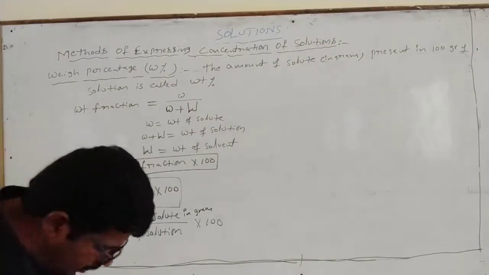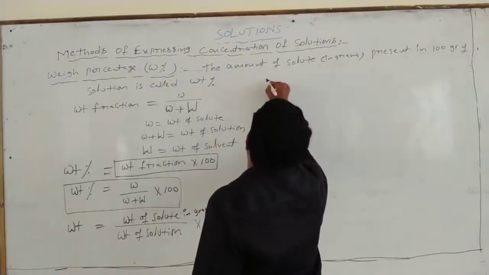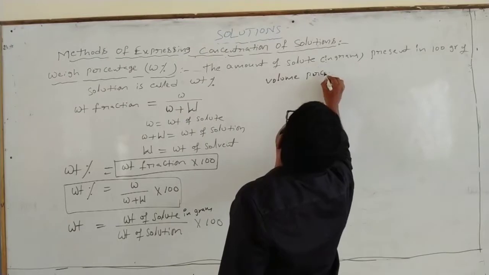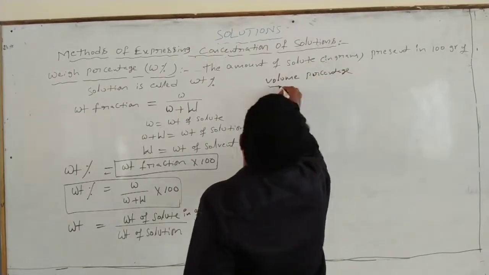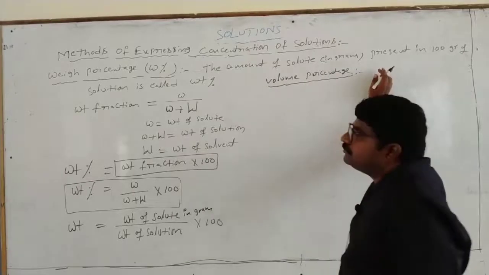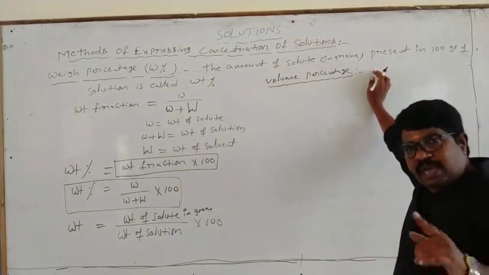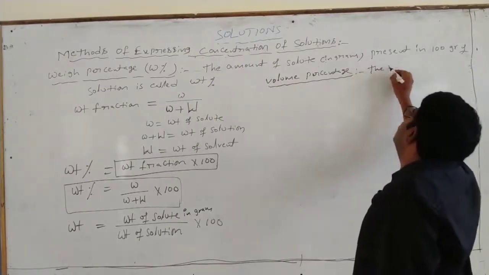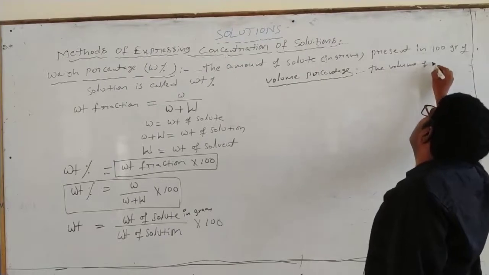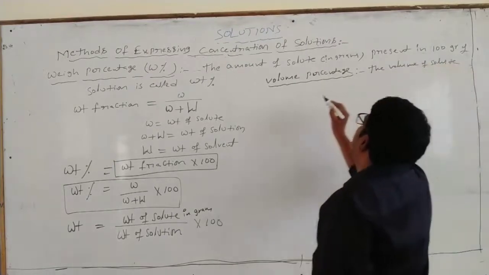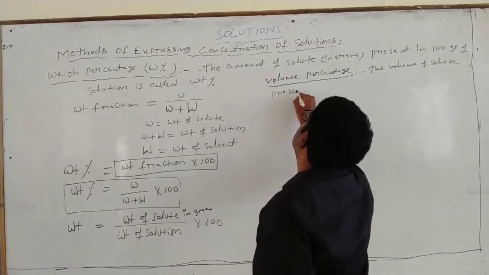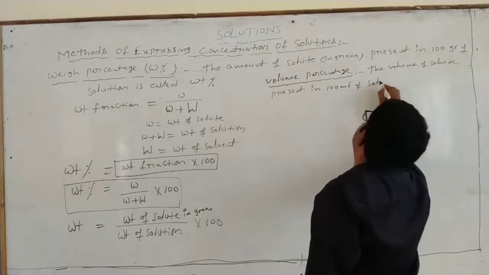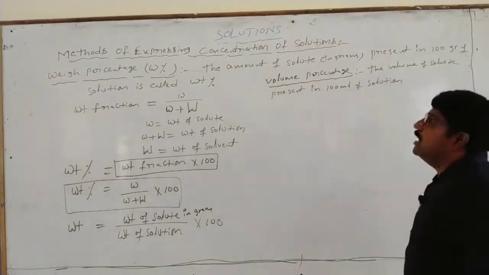Next one is volume percentage. Volume percentage means solute you have to express in ml and solution also in ml. So the volume of solute present in 100 ml of solution is called volume percentage.